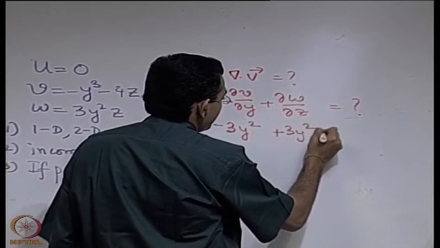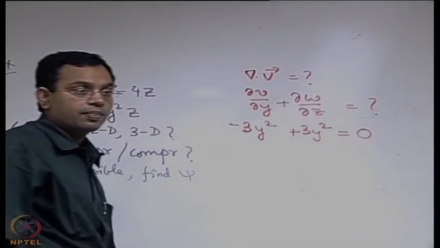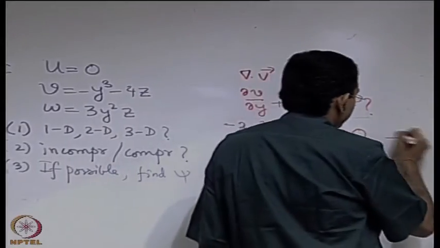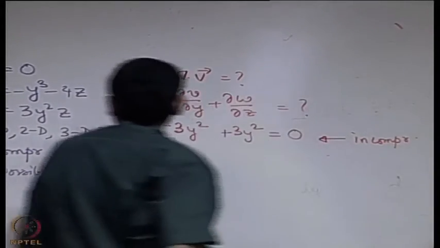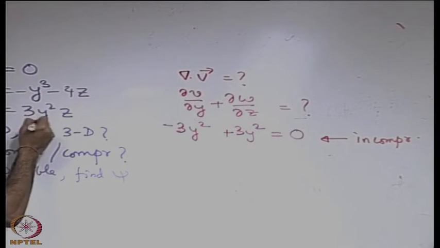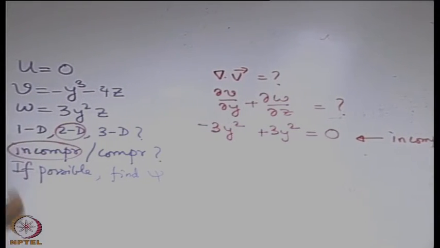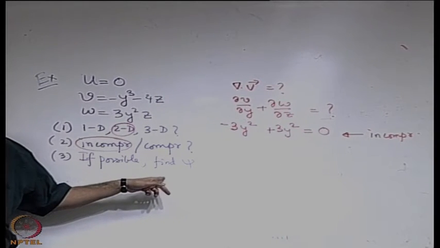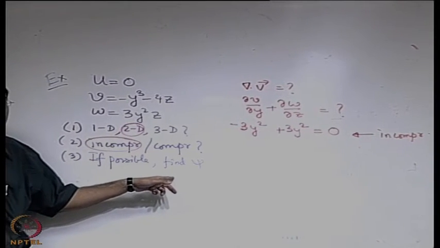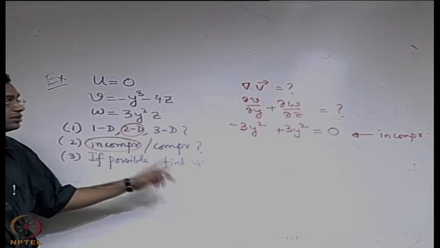So this identically becomes equal to 0. That means it is incompressible flow. So now you have a 2D flow from the first part, you have an incompressible flow from the second part. Since it is 2D and incompressible, the stream function itself is defined.